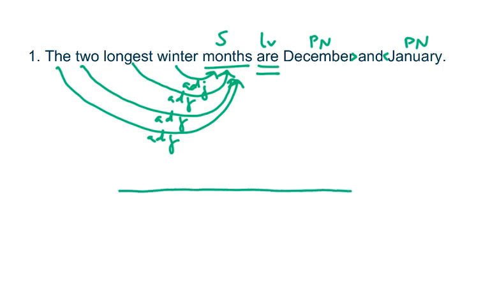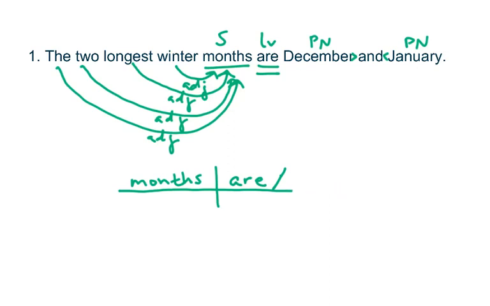So we'll add our subject, months, linking verb, are, and then remember we have to have our weird line, and I can never remember which way it slants. We're going to do it this way, and hopefully I'm doing it the right way. But we have a compound predicate nominative.